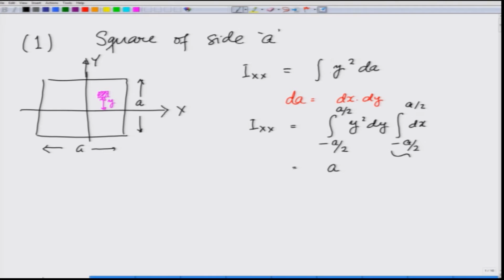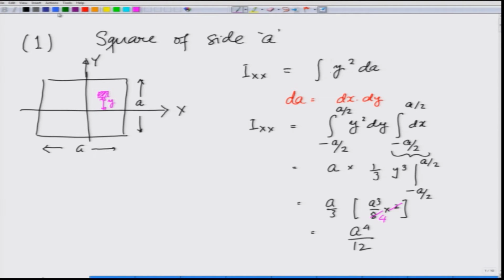This integral gives you a times 1 over 3 y cubed varying from minus a by 2 to a by 2, which is nothing but a by 3 times a cubed by 8 times 2, which is a raised to 4 divided by 12, because this gives you 4 here.